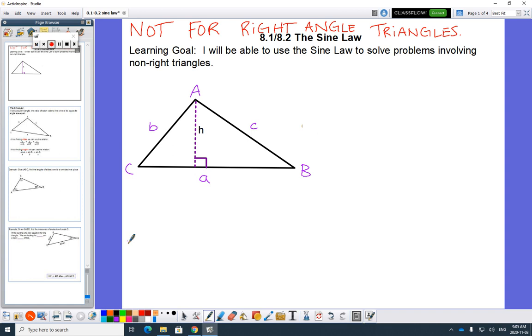And this is going to matter when you use the sine law and cosine law, which is what we're going to do in the second lesson, because what we're going to look for is the relationship between the angle and its corresponding side. We're going to look at what happens when you have, we call this an interior angle, for these two sides. So depending on what you're given, you have to choose between sine law or cosine law.